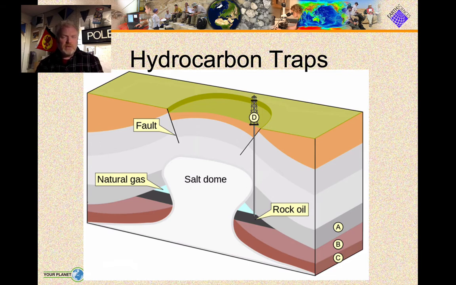The salt itself acts as a very good cap rock. It's impermeable, and as it flows, it can heal any cracks that form within it. The hydrocarbons tend to be trapped at the side of the salt domes, but there can be antiform or anticlinal traps above the salt dome itself.